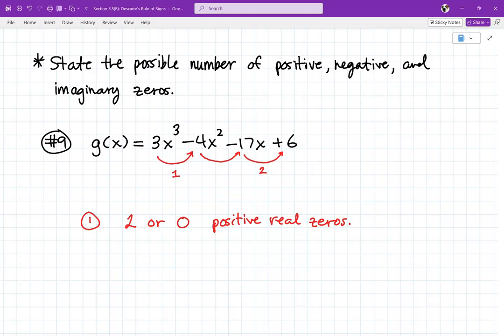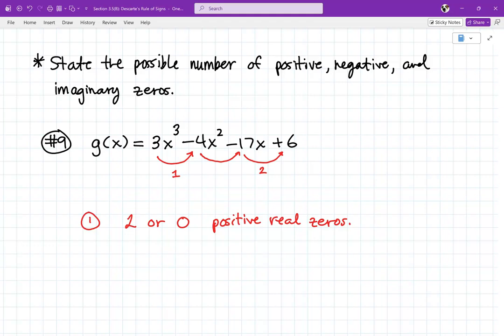I can have 2 because that's how many times it changed signs. And then that part in green that I wrote, or less than that by an even number. So 2 minus 2 is 0. So maybe I'll have 2 positive answers or no positive answers. Now don't keep subtracting because you can't have like -2 positive answers. The number of solutions has to be either 0 or bigger. Okay, so I'm either going to have 2 positive real zeros or none because I'm subtracting by 2.